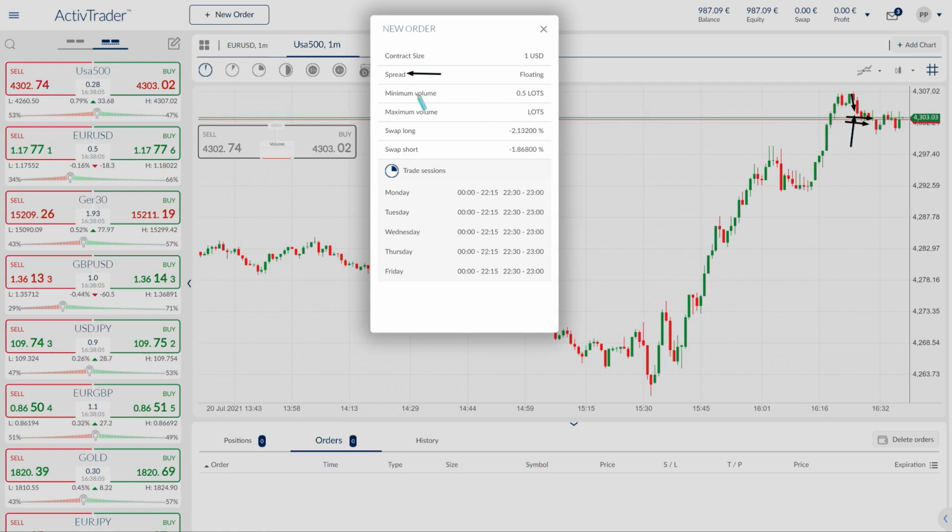Okay? The minimum volume tells you how much lots you can trade as a minimum size. Okay, that's basically it. There is no maximum value for this asset, and the swaps are overnight fees for leveraged positions because you're using margin on each and every position.